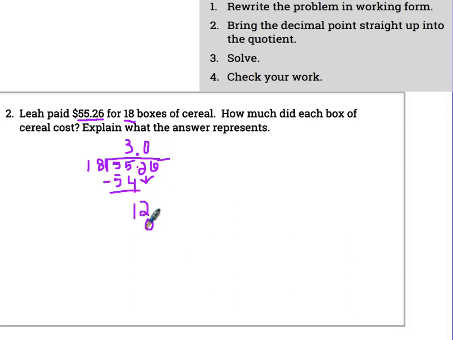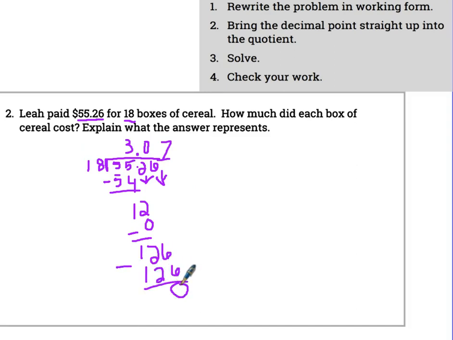Multiply back, 0. Subtract: 12. Bring down the 6. How many groups of 18 are going to fit into 126? And that would be 7. 7 times 8 is 56. 1 times 7 is 7, plus 5 is 12.